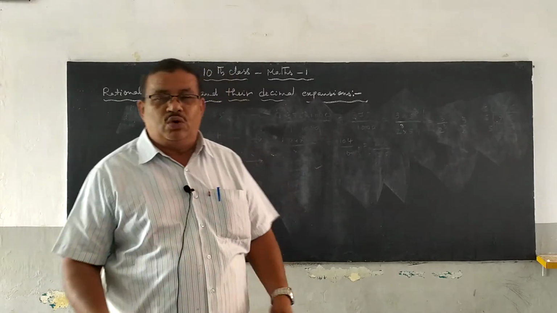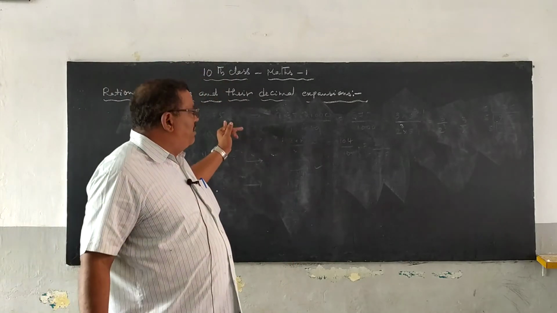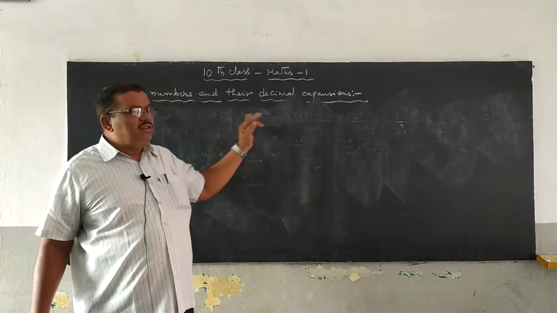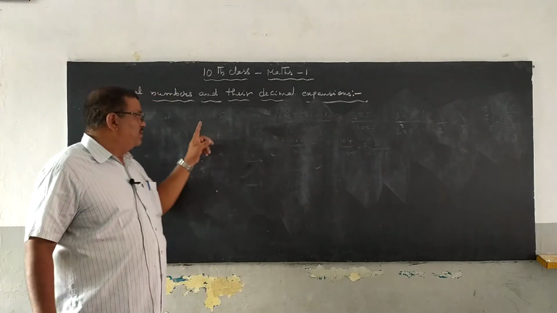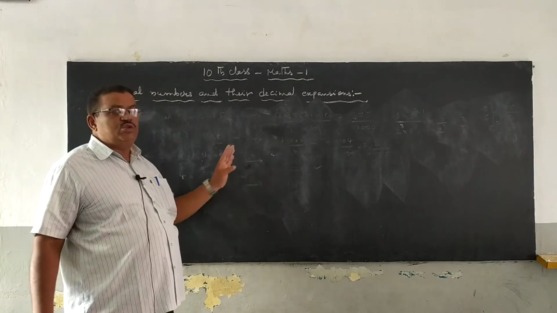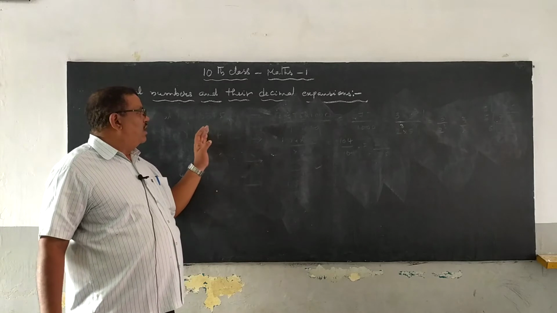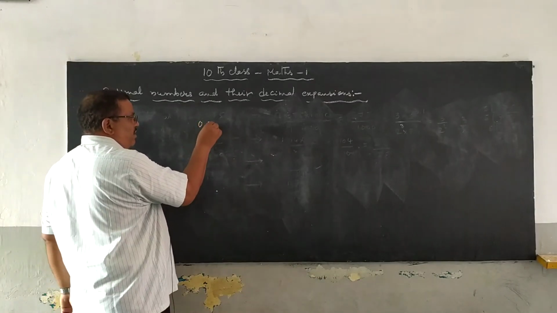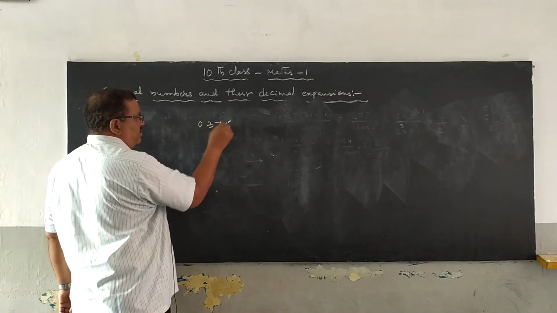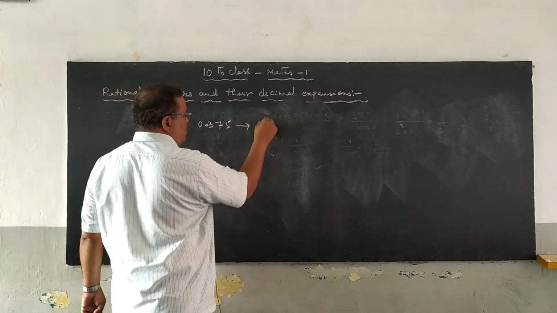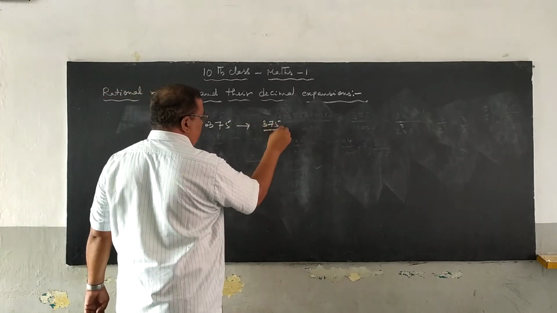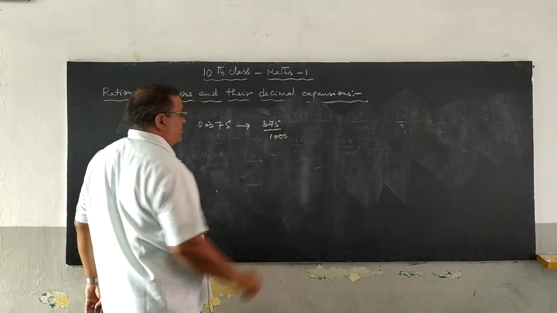Finally, what do we conclude? Any terminating decimal can be expressed in p by q form. How like 0.375, we already did. 0.375 changes to 375 by 1000. This is the rational form.